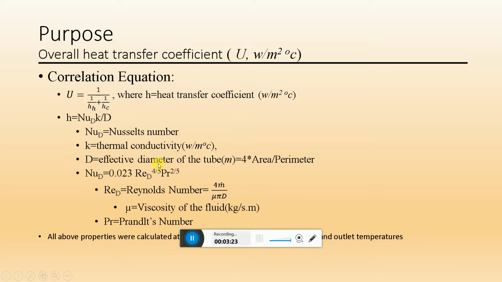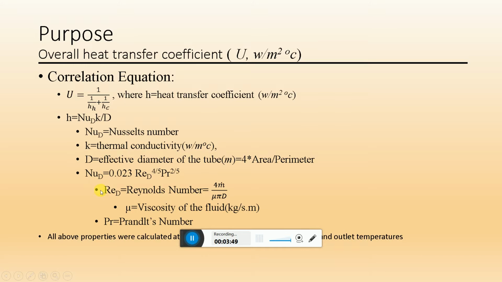We then have the correlation equation, where U equals 1 over (1 over the heat transfer coefficient of the hot fluid plus 1 over the heat transfer coefficient of the cold fluid). These are both heat transfer coefficients and depend upon this relation right here: Nusselt number times thermal conductivity over diameter. The descriptions of these notations are right here.